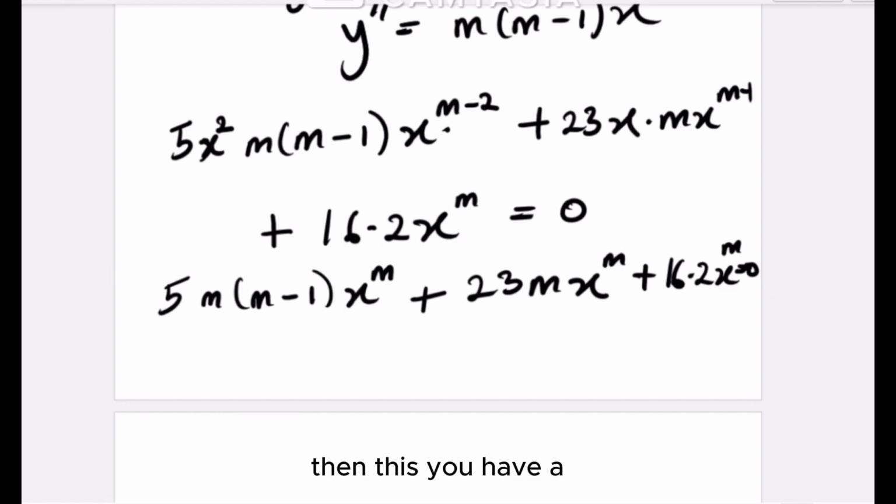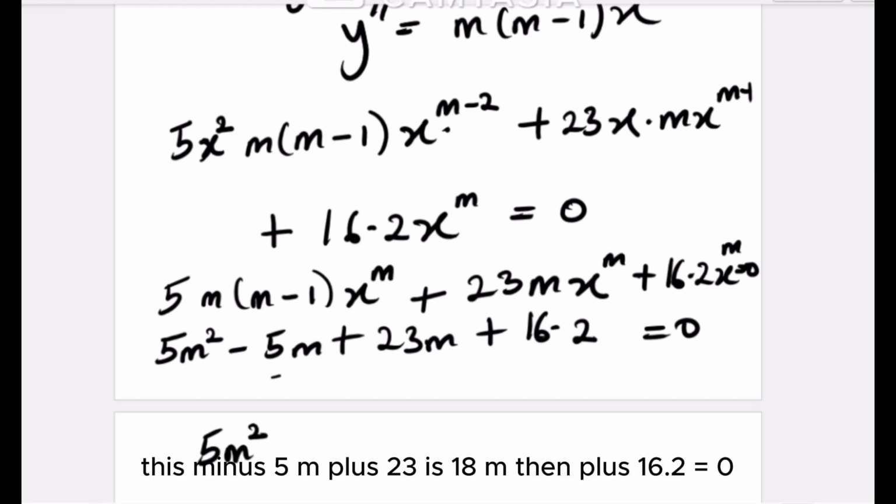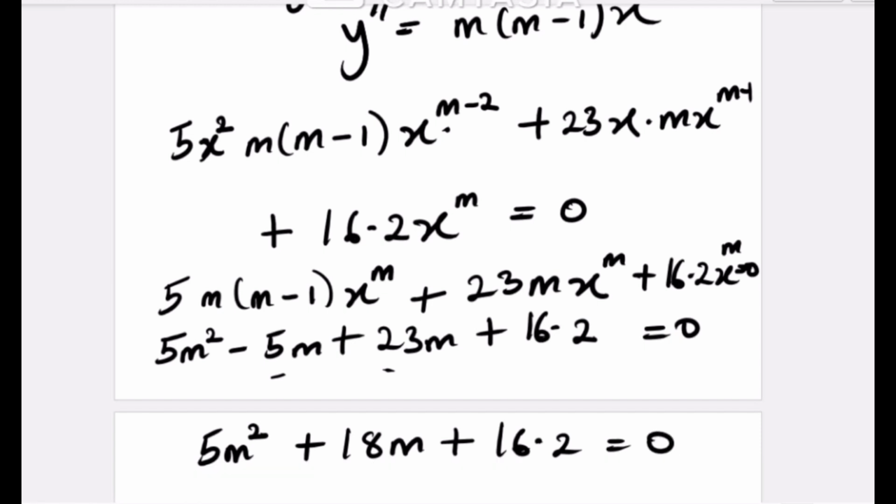Then this you have 5m squared minus 5m plus 23m plus 16.2 equals 0. You have 5m squared, this plus, minus 5m plus 23m is 18m, then plus 16.2 equals 0.